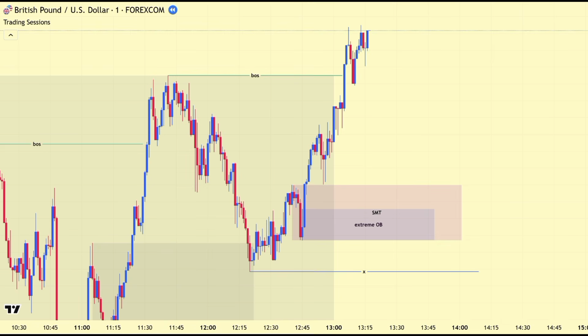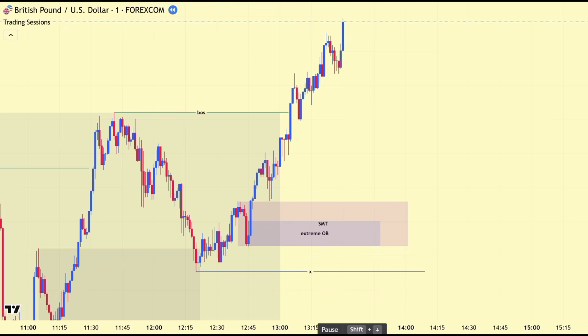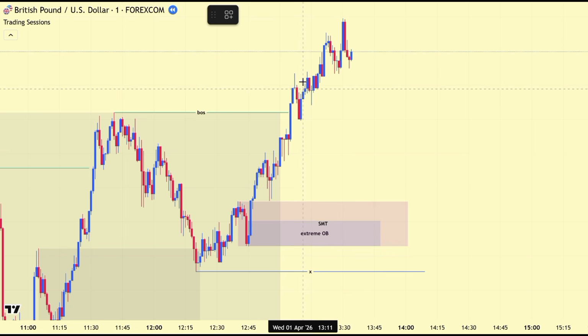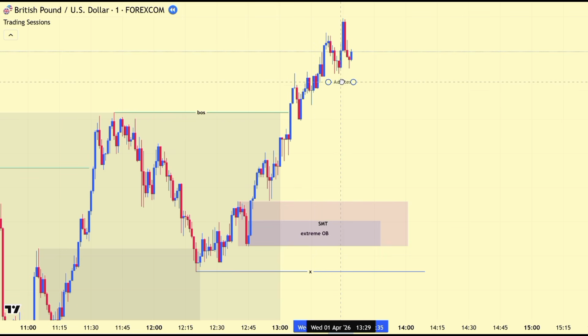Okay, so price creates an inducement, continues higher, and you can clearly see price is continuing higher and higher. So this is actually the 1-minute, and you can clearly see the inducement was here initially. Then after price respected this range, we keep on moving the inducement and moving the inducement until the inducement is being taken out.